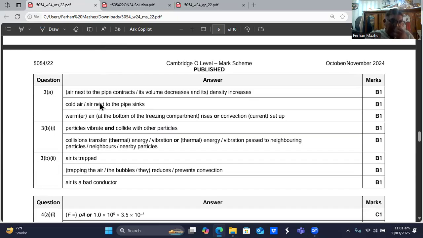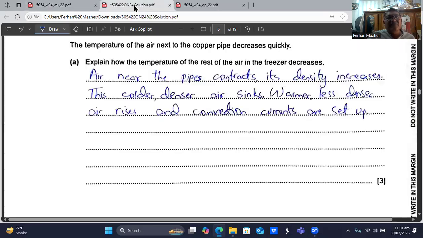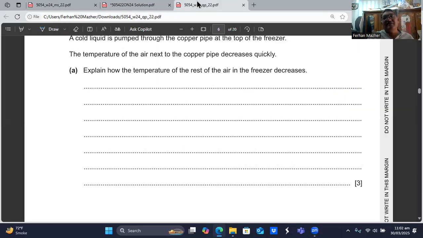It says that air next to the pipe contracts, its volume decreases and its density increases, 1 mark for this. And cold air next to the pipe sinks, and warmer air at the bottom of the freezing compartment rises, or convection current set up. So these are the 3 marks for this part, and this is my student's answer. I think this answer is good. So you can also write your own answer.